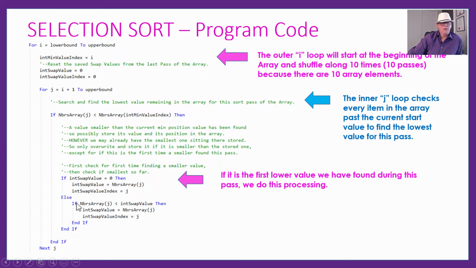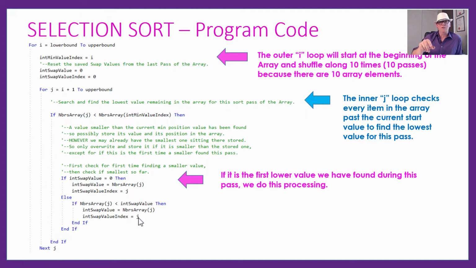Then here we're doing the checking. So this means basically if it's not the first time through, what we're going to do is check, is the current number we're on less than that swap value, all right? And if it is, we're going to take whatever number we're on at the moment and put it into that swap value variable, and also just record what the index was.